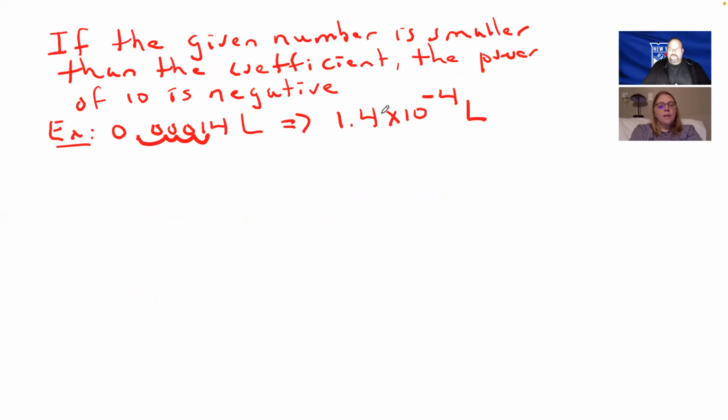And why does the liter and the meter go after the 10? Like, why doesn't it go 1.4 liters times 10 to the negative 4th? The main reason is because essentially it's not 1.4 liters, it's 0.00014 liters. I've seen other students do that as well, and usually I correct them on that because to me, the unit should always go after the entire number.